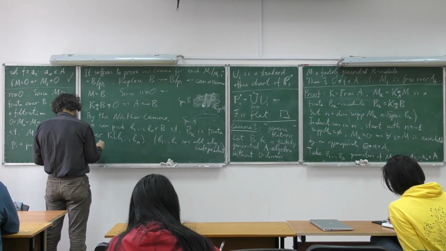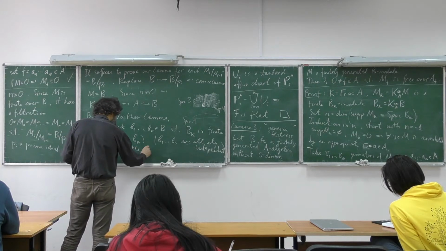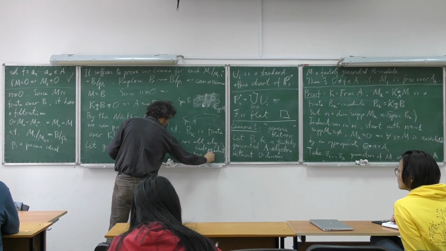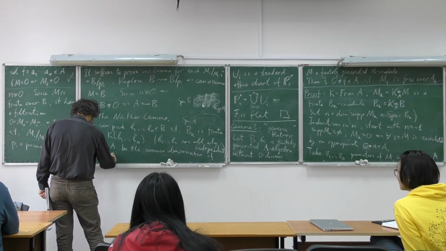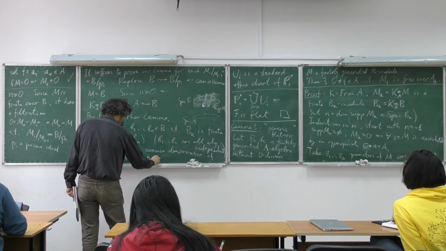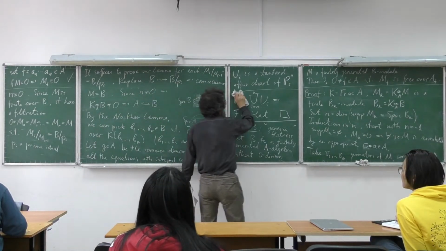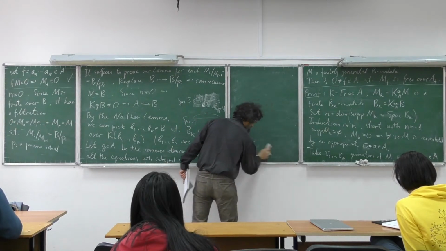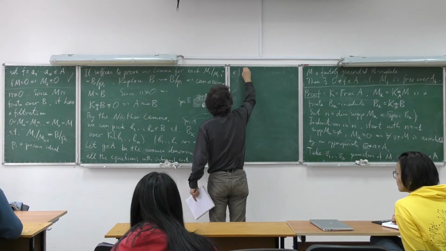Okay, so let g in A be the common denominator of all the equations with integral coefficients. Integral coefficient, I mean in this polynomial ring.